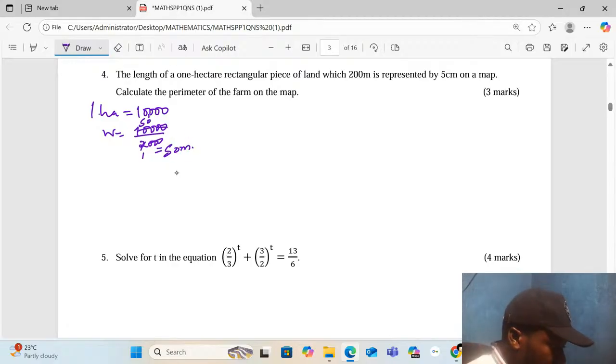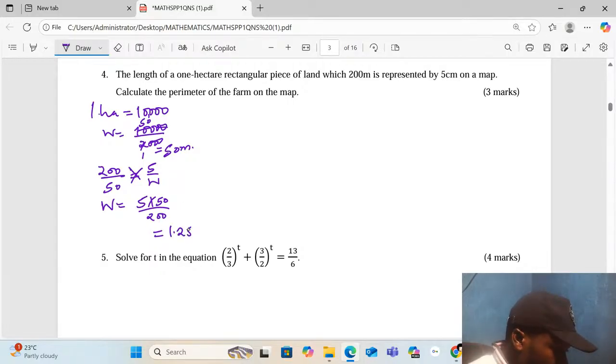So the width is 50 meters. When 200 over 50 is the same as 5 over W, we cross multiply to find the value of W. So W is equal to 5 times 50 divided by 200, so we shall have 1.25 centimeters.